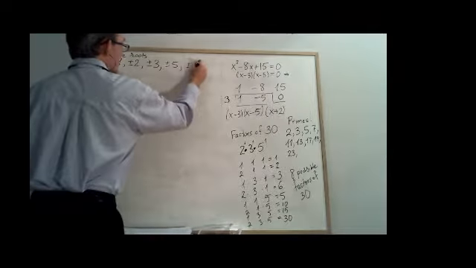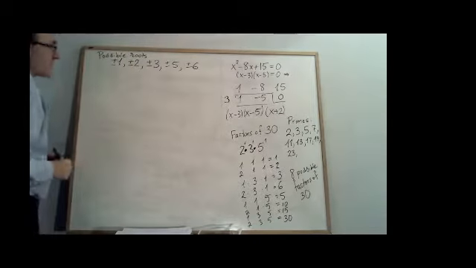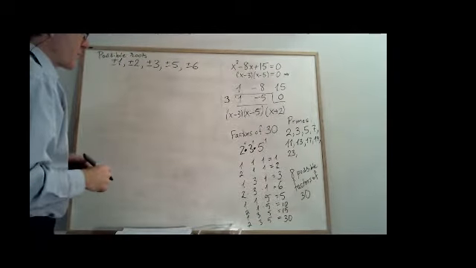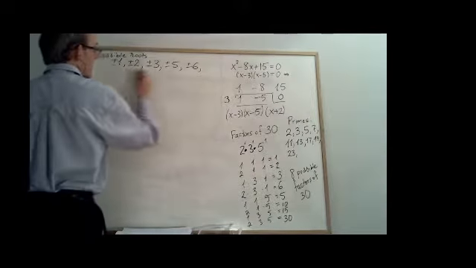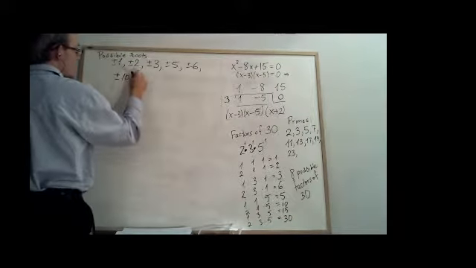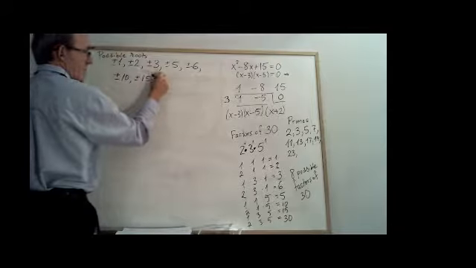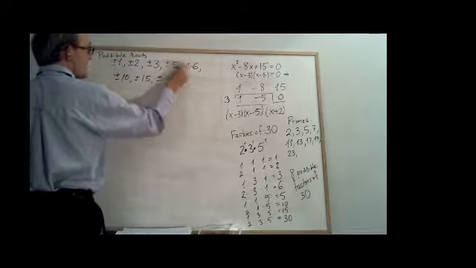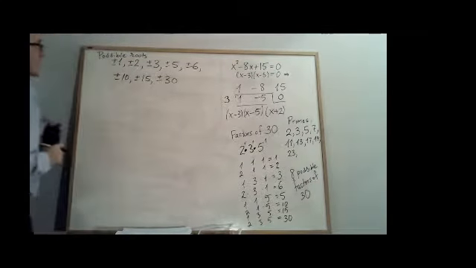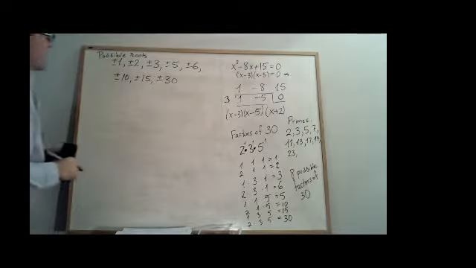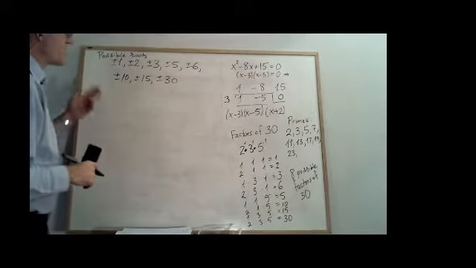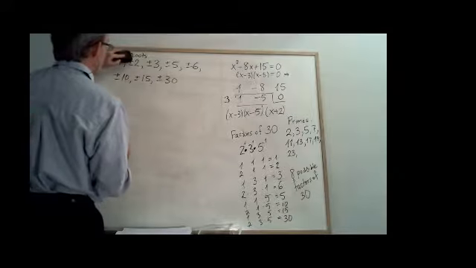Plus or minus, so remember, we can have negatives as well. So each is positive, plus or minus. And then plus or minus 10, plus or minus 15, plus or minus 30. And that's 8 altogether, right? Okay, so these are the possible integer roots.